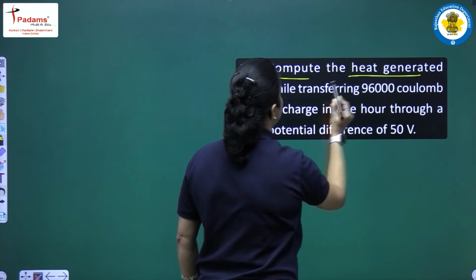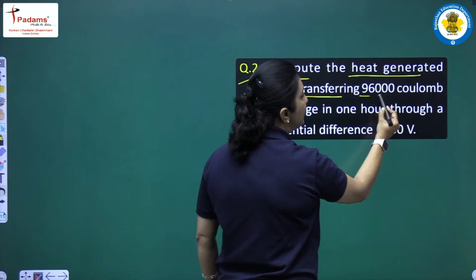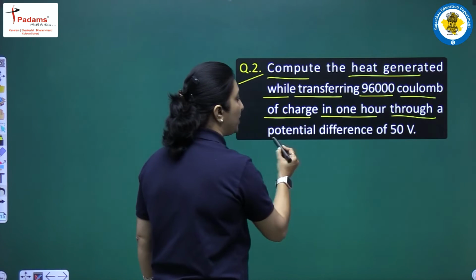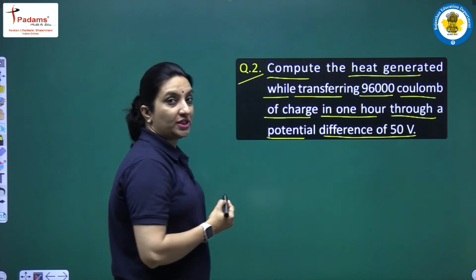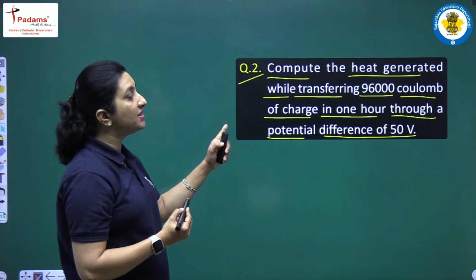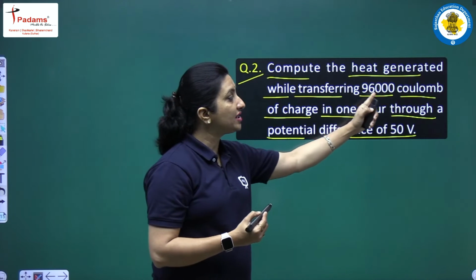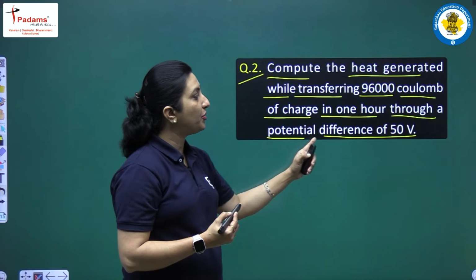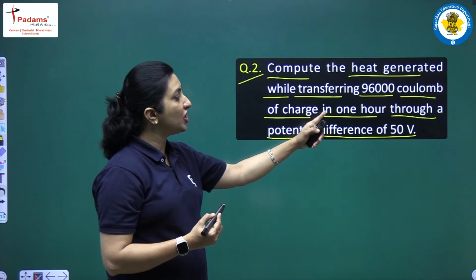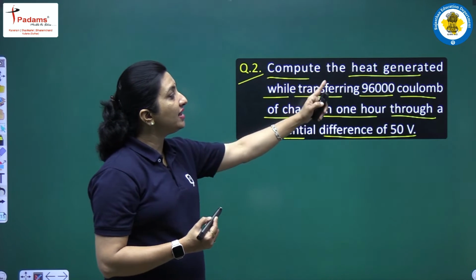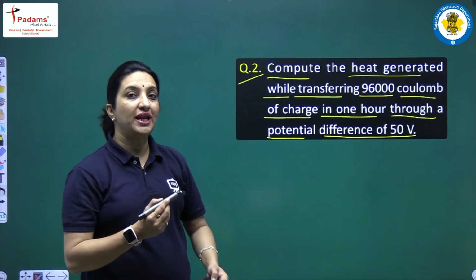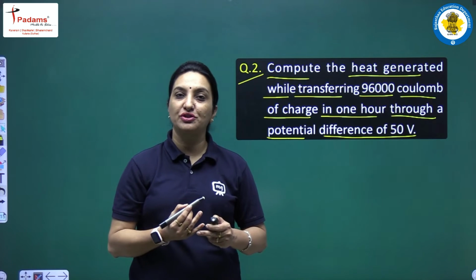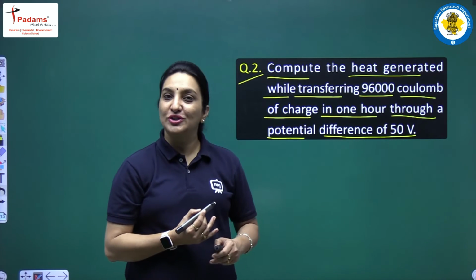Compute the heat generated while transferring 96,000 coulomb of charge in 1 hour through a potential difference of 50 volts. यहाँ पर क्या दिया है स्टूडेंट्स? यहाँ पर हमसे ये दिया हुआ है कि 96,000 कूलम ऑफ चार्ज अगर 1 घंटे के लिए 50 वोल्ट के पोटेंशियल डिफरेंस के साथ में फ्लो करता है तो कितनी हीट जनरेट होगी। अब यहाँ पर पहले स्टूडेंट्स हम वो क्वांटिटीज लिखेंगे जो कि गिवन है और फिर हीट प्रोड्यूस्ड का फॉर्मूला यूज करके इस प्रॉब्लम को सॉल्व करेंगे.